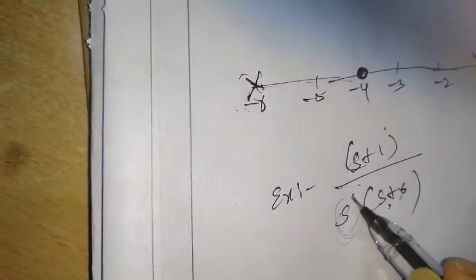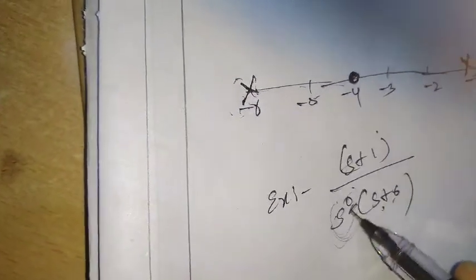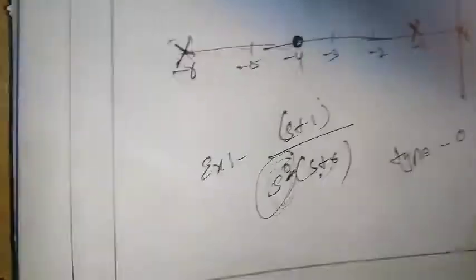Since s power 0 is 1, there is a type 0. So there is not even one pole at the origin, and this is called a type 0 system.